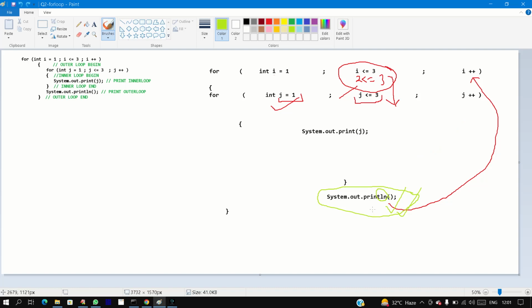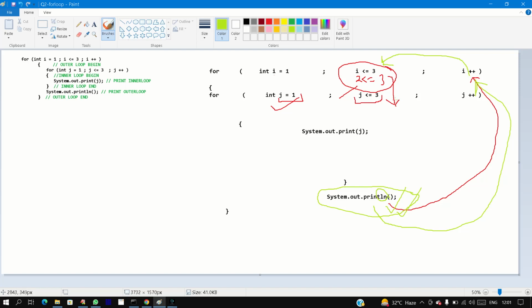It means after printing, whatever was commanded from the outer loop, we will be going to I++. This I++ is telling I, whatever you are right now, you have to increase yourself by 1 whenever you are used. After this I++, it will be going to the condition.